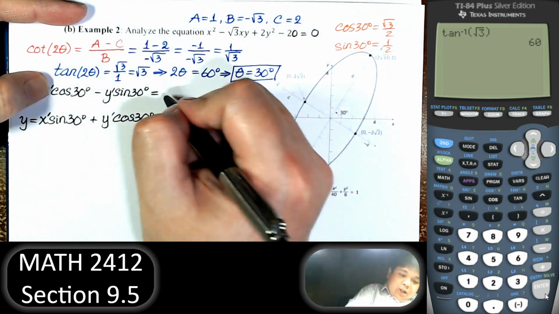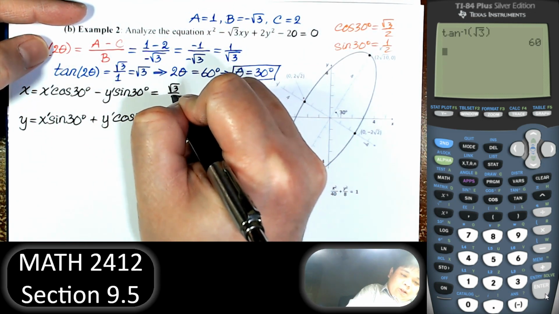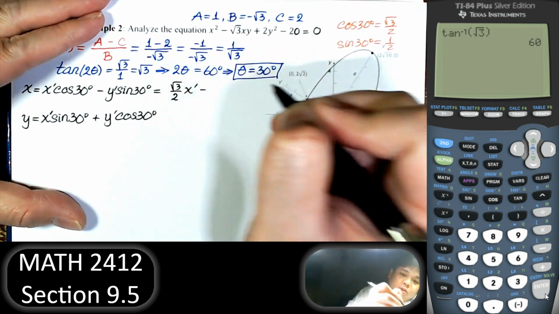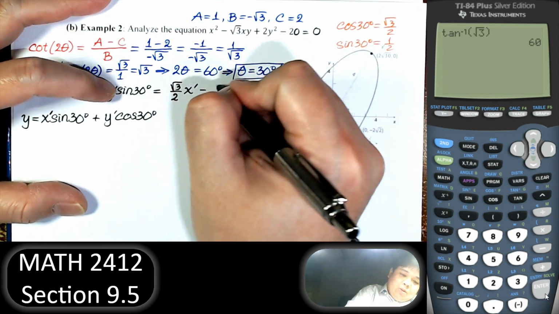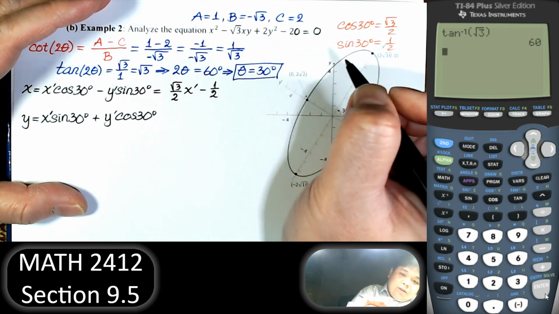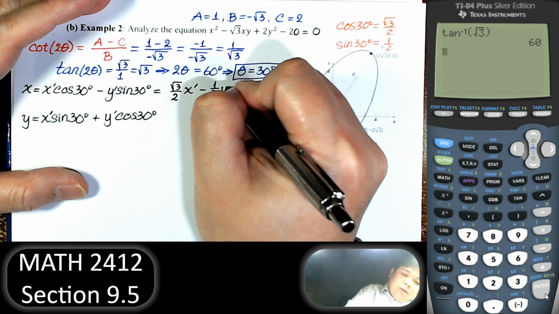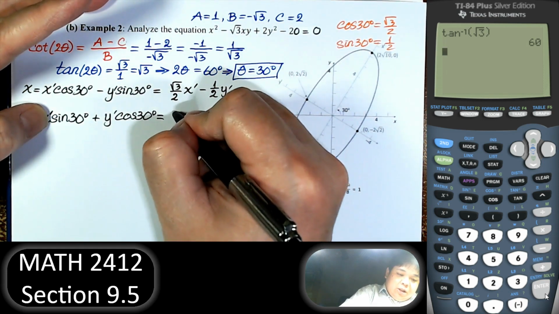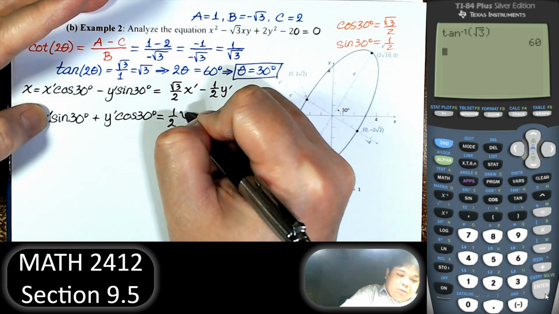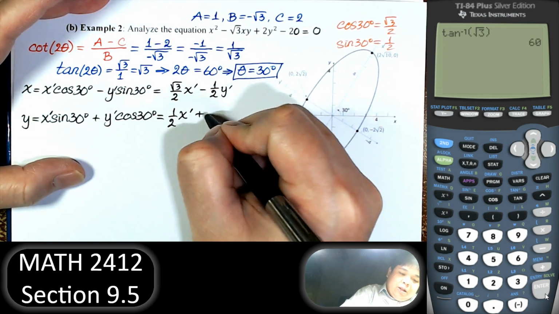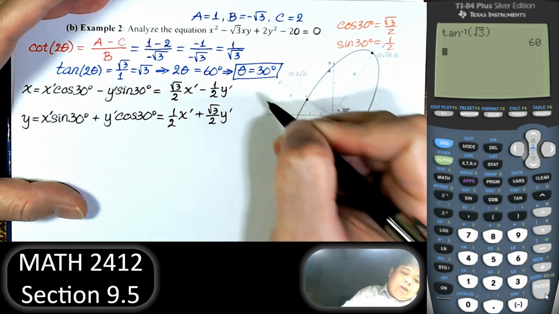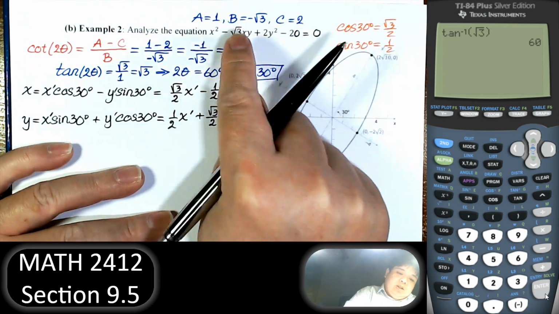So we have x equals square root of 3 over 2 x prime minus 1/2 y prime. Y is sine of 30 degrees, so 1/2 x prime plus square root of 3 over 2 y prime. Right, and substitute this into the equation.